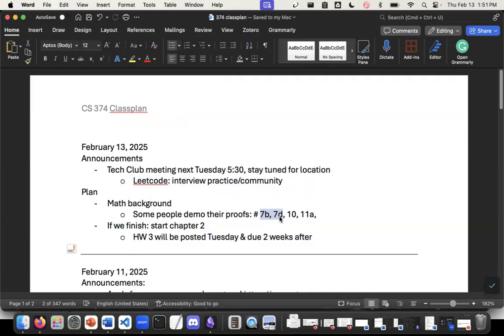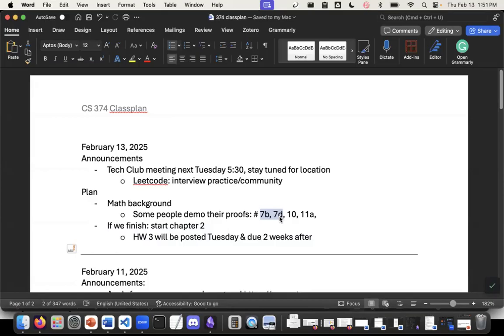For 7A, since it's written as prove the product of two odd numbers, should we prove that for the product, or do we just do the sum like what was... Stick with the product. I'm reasonably confident that the product of two odd numbers is odd, right? 3 times 3 is 9.